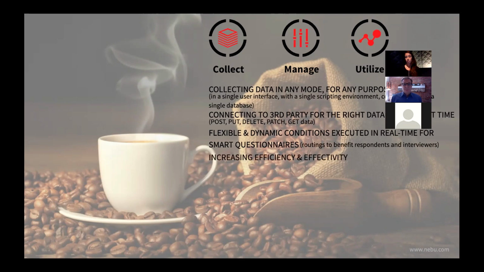Everything we do is so we can help you increase your efficiency and effectiveness. You really would like to take as much advantage as you can from machine learning and AI scripts, so your interviewers can focus on working in areas where their involvement can bring the most benefits. You don't want to make them do repetitive tasks over and over. There is a lot that technology can cover for us.